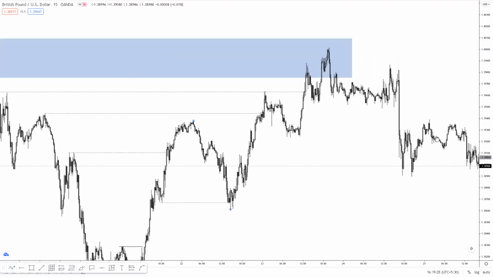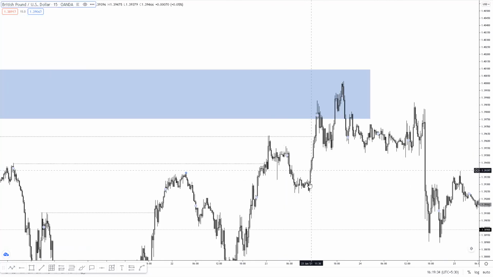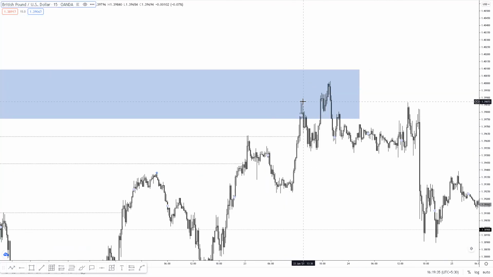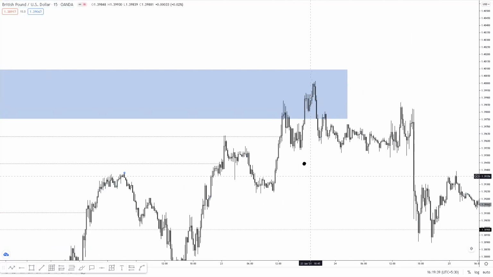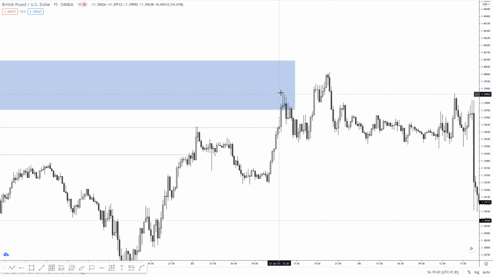So what happened was, price created some sort of equal highs and then came back down, and it shot back higher. Okay, and it mitigated the 4 hour order block. Now what happens is this: it mitigated the 4 hour order block, and if this high was to hold, it has to come back down and break this structure.